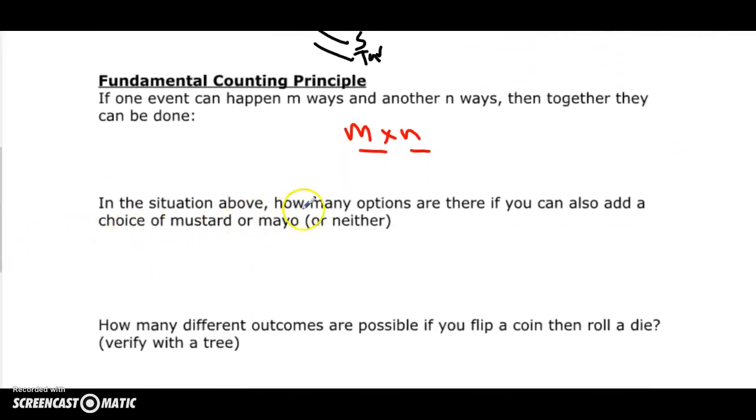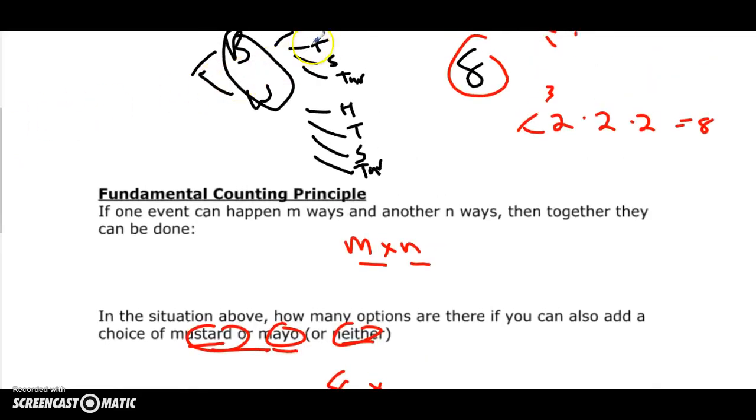In the situation above, how many options are there if you can also add a choice of mayo or mustard or neither? Be careful on this. That's 3 options here. So we already had 8 options for our sandwiches above, and we have 3 different options. Are we going to add mustard to each of these? If we go back up here, let's just look at this one, white and ham.